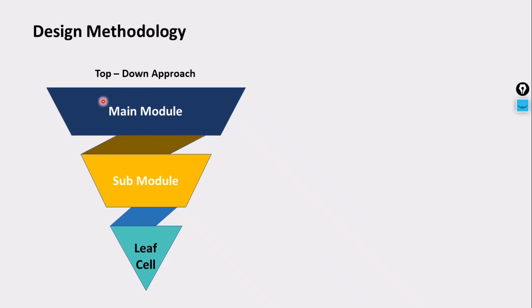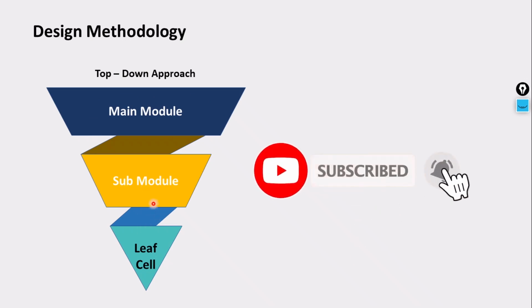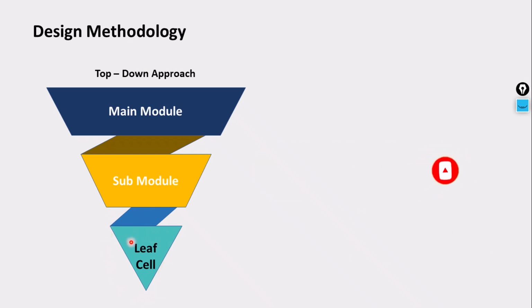The complex design is divided into a sub module, and that sub module is further divided into one more sub module, until we get a leaf cell. These leaf cells will be the logic gates we have.